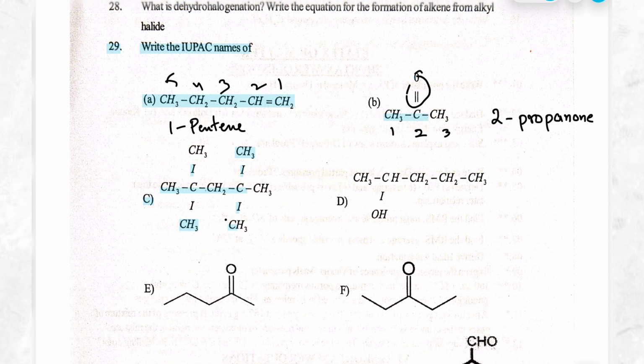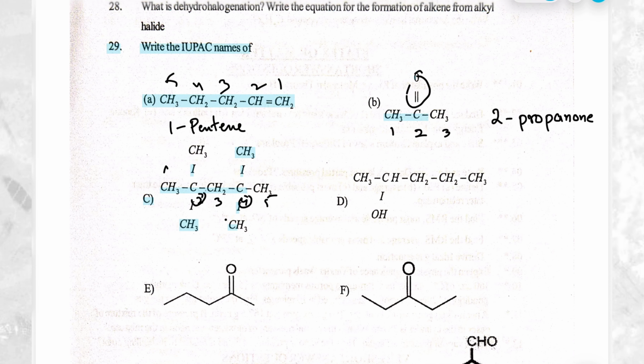You can see this is 1, 2, 3, 4, 5. So at 4 and 2, two methyl groups are there. So 2,2,4,4-tetramethyl. Okay, tetramethyl. How many carbons? Pentane. Tetramethylpentane.